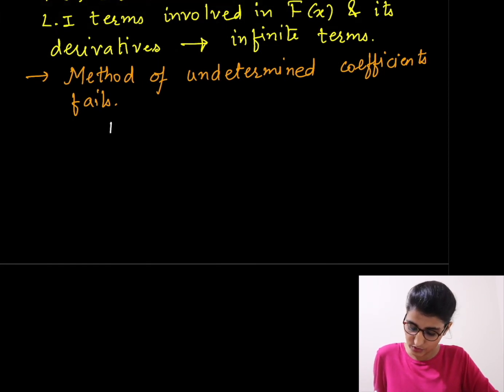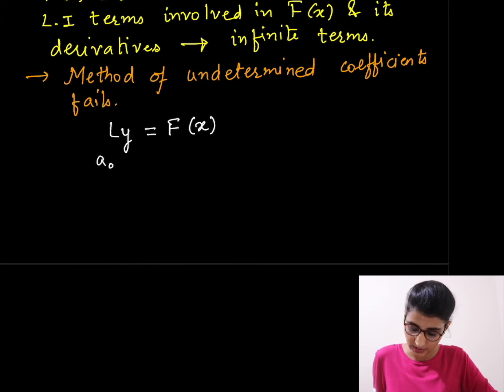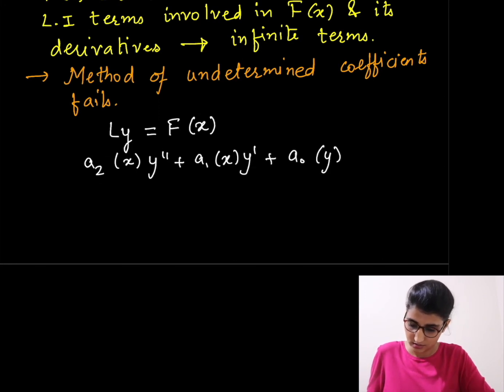Suppose we have a non-homogeneous equation, in particular a second order one: a2(x) y double prime plus a1(x) y prime plus a0(x) y equal to f(x), where a0 is a function of x.